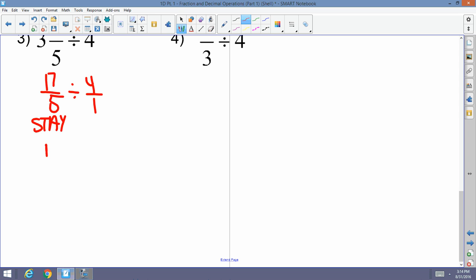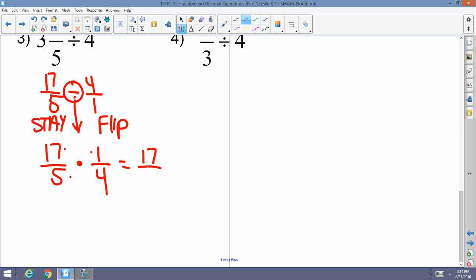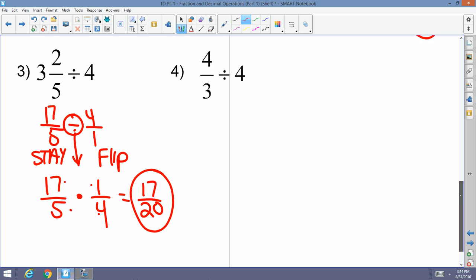First fraction stays the same. I'm going to change from division to multiplication, and I'm going to flip my second fraction. Stay, change, flip. So now numerator times numerator is 17. Denominator times denominator is 20. 17/20 is my answer. I cannot reduce that any further.